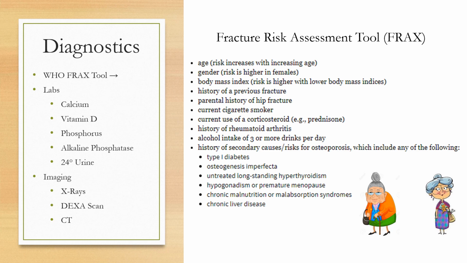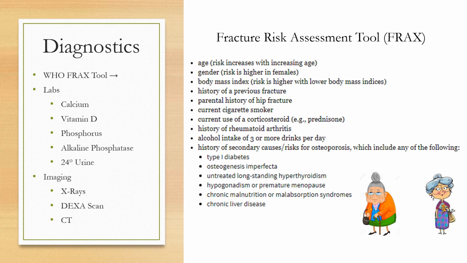Someone who has a low body mass index, so they already have a very light frame, especially a female with a light frame. Okay. History of previous fractures is in itself a risk factor for having osteoporosis. A parent, so typically a mother with a history of hip fractures or a history of osteoporosis.